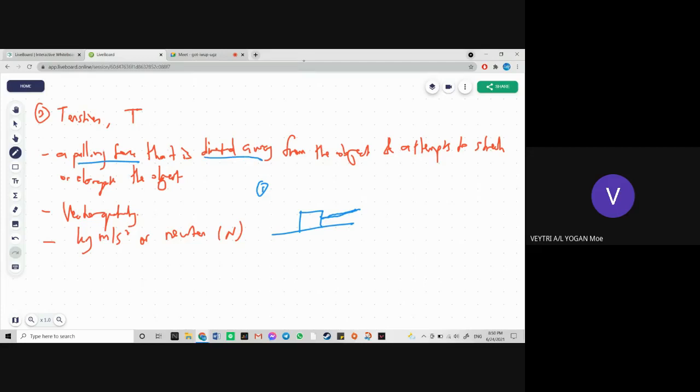So the moment the object moves whatever way and there's a string attached to it, the force is always opposite the object. Now, that is the physics part, but let's have a look at the logic part. Let's say the object is moving that side, right? So definitely, let's say someone is actually pulling the particular object. So the force is directed towards that someone, right? That is the logic behind why the force is directed away from the object.